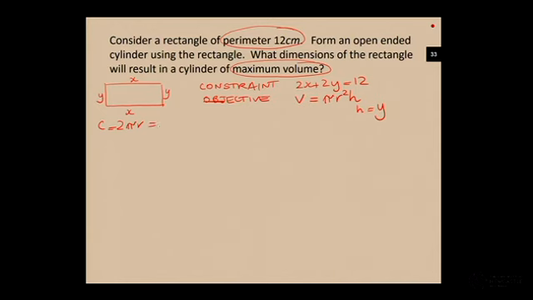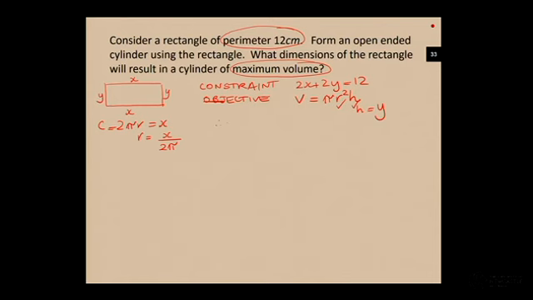So we want 2 pi r to equal the x distance. So what's the radius going to be? X over 2 pi. Now we've got something to substitute for r, and something to substitute for h. That's probably the hardest part, digging all that up in your mind.